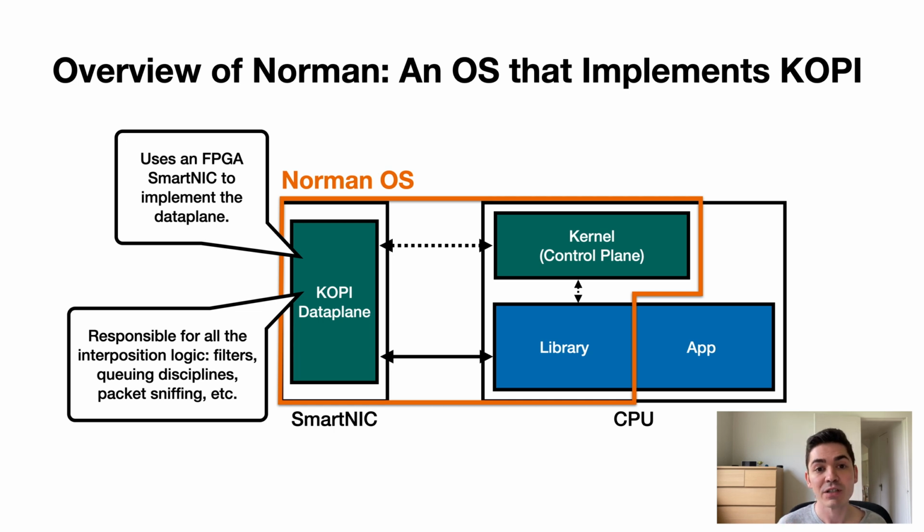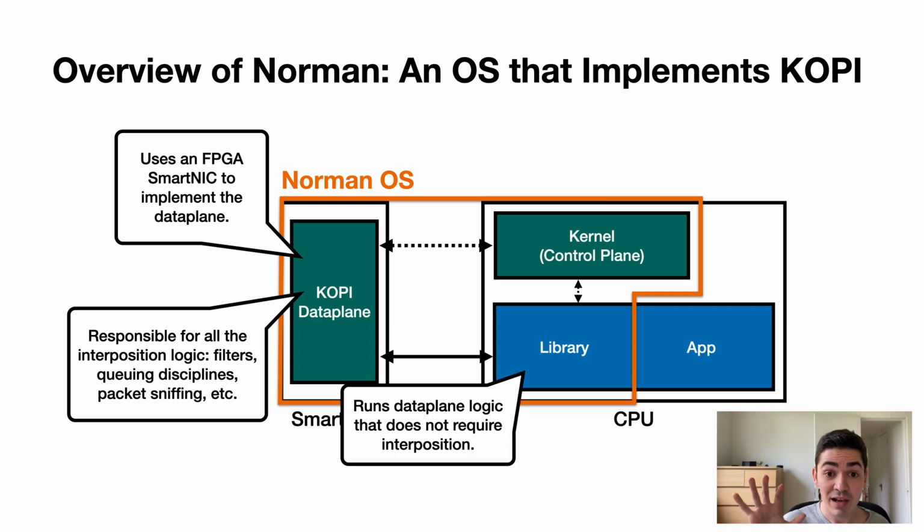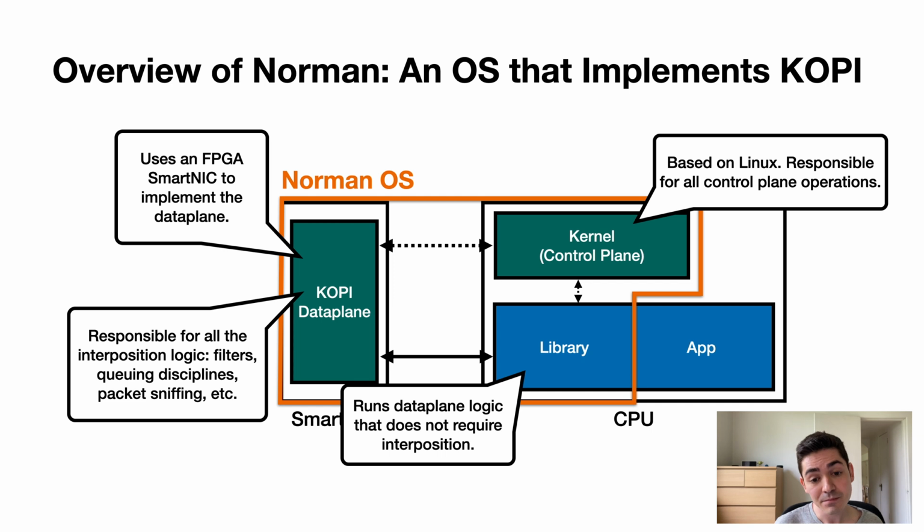So things like filters, queuing disciplines, packet sniffing, and others. And now the library is responsible for all the remaining data plane functionality that does not require interposition. And then the kernel itself, which is based on Linux, is responsible for all the control plane operations. So things like connection establishment and termination, policy configurations, and defining the data plane functionality.